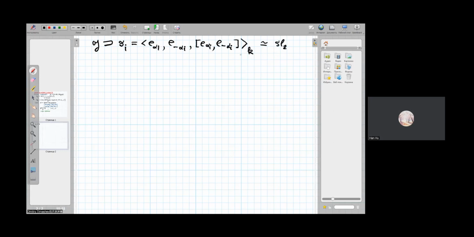Under this isomorphism, the root vector E alpha i corresponds to the matrix 0, 1, 0, 0. The root vector E minus alpha i corresponds to the matrix 0, 0, 1, 0.